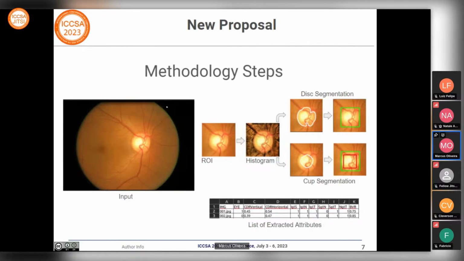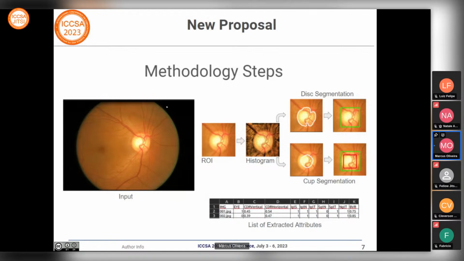In the slide, it is showing all the images generated by the algorithm to acquire the features from the eye fundus image. We'll start with the input image, the left figure. Next, we can see the finding of the region of interest. After, the histogram process is performed, followed by the disk and cup segmentation.